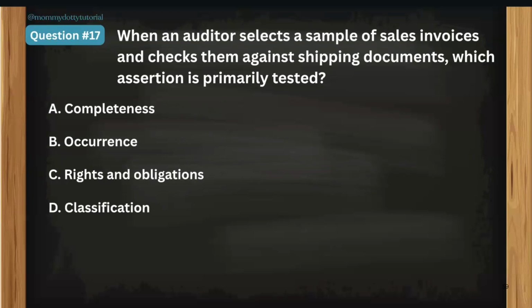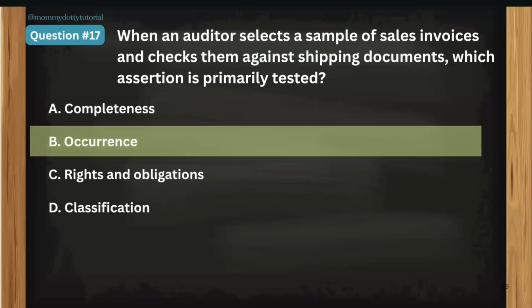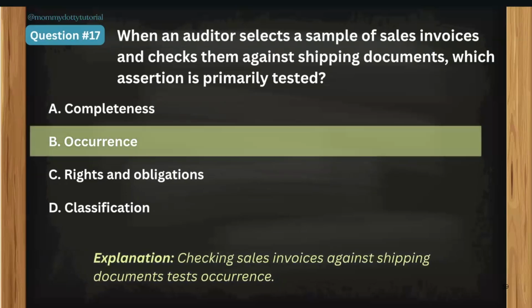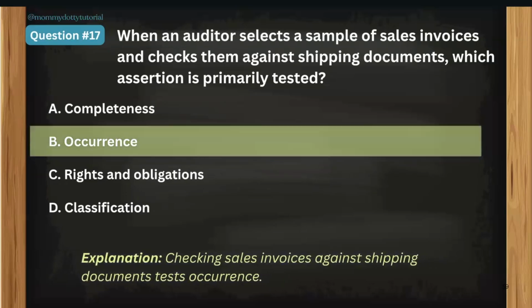And D, classification. You may pause the video to think. The correct answer is letter B, occurrence. So when you check the sales invoices against the shipping documents, you check that something really happened. There's really a sale involved. That's from the word occur: something has occurred, or the sale has occurred.